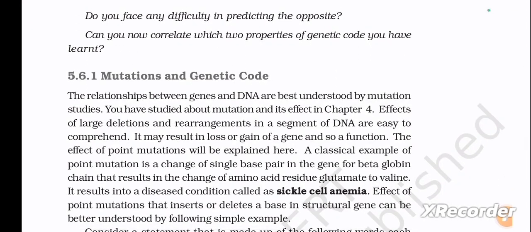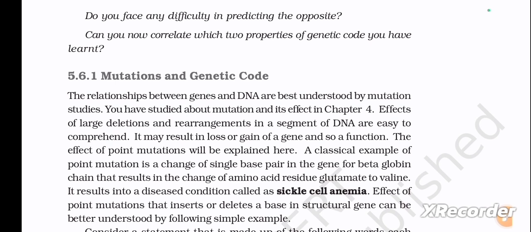Next is 5.6.1 Mutations and Genetic Code. The relationships between genes and DNA are best understood by mutation studies. You have studied about mutation and its effect in chapter 4. Effects of large deletions and rearrangements in a segment of DNA are easy to comprehend. It may result in loss or gain of a gene and so a function.